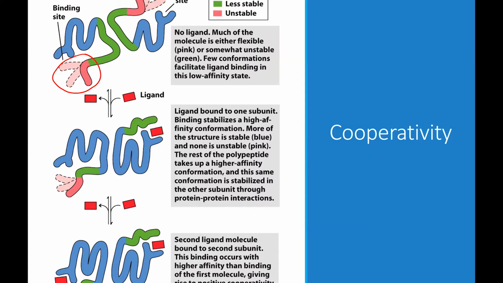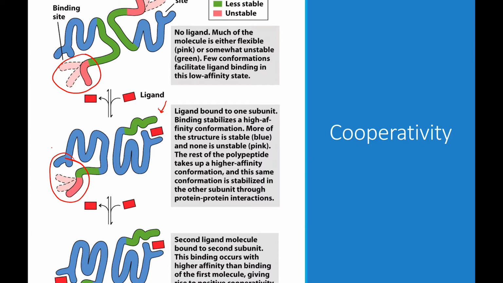Once the ligand binds to one of these binding sites, you can see that there's actual change in the conformation of the protein. And the change in the conformation of the protein, usually in one subunit, can thus actually change the affinity for more ligand in other binding sites on the same complex. And again, this is called cooperativity.